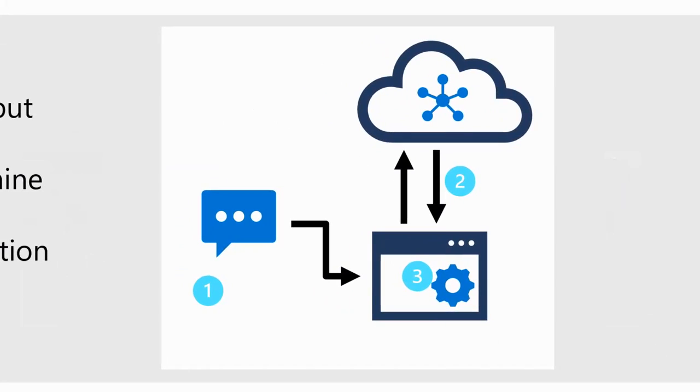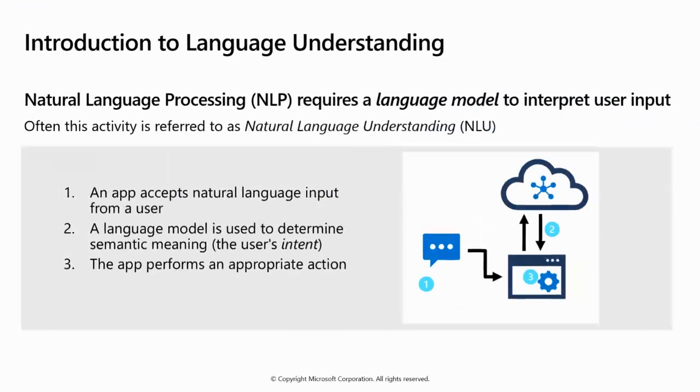First of all, the app accepts the natural language input from a user. Then a language model is used to determine the semantic meaning or the user intention, and the app performs an appropriate action.